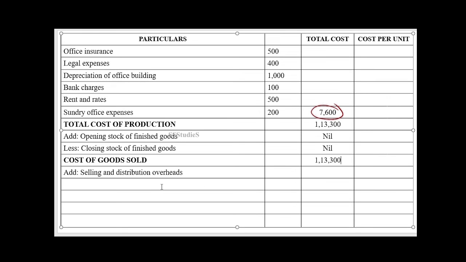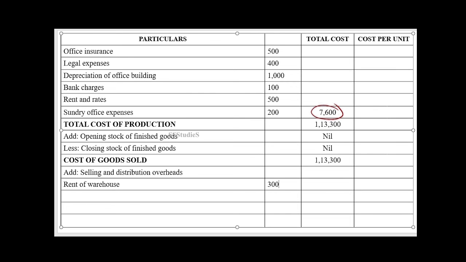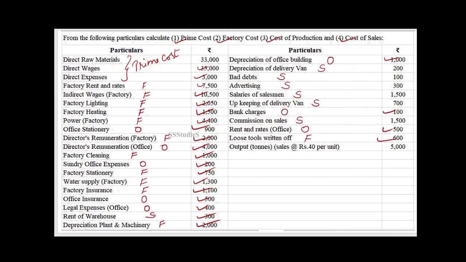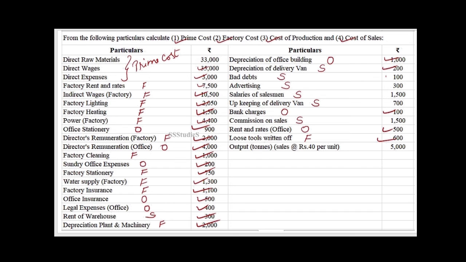Next, we need to add all the selling and distribution overheads. Rent of warehouse 300. Then depreciation of delivery van 200. Bad debts 100. Advertising 300.